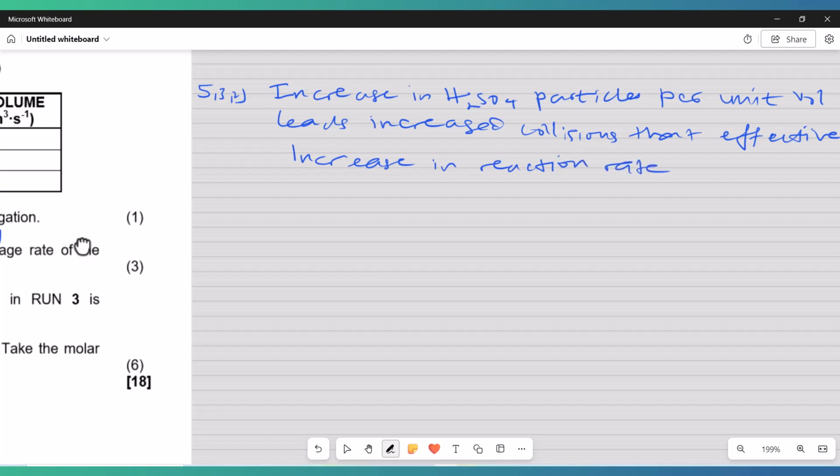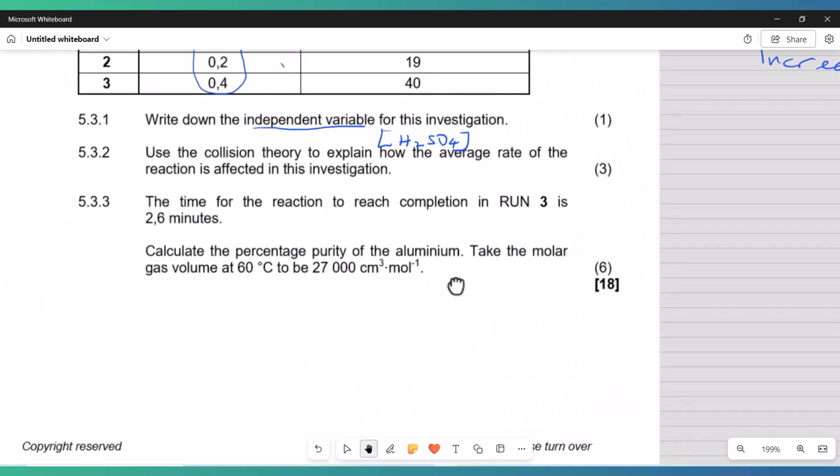Next question here. They say that the time for the reaction to reach completion in run 3 is 2.6 minutes. Calculate the percentage purity of the aluminium. Take the molar gas volume as 2700 cubic meters per mole.